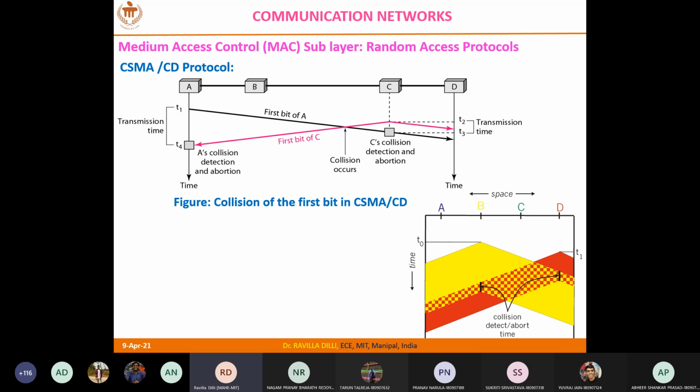Unfortunately, A is not going to realize it because it finished its frame transmission before the arrival of C bits. So what should be the criteria in order to realize the collisions?